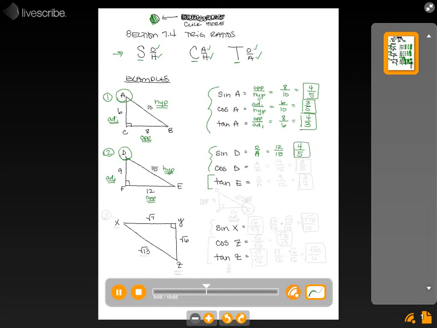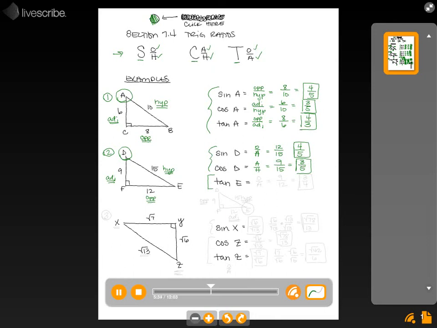So we end up getting 4/5. Cosine of D. Same idea. This time, though, we want the adjacent over the hypotenuse. The adjacent side to D is 9. The hypotenuse is 15. That reduces down to 3/5. So the answer for the cosine of D is 3/5.